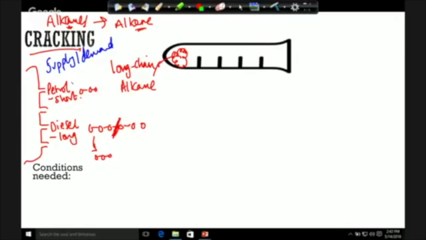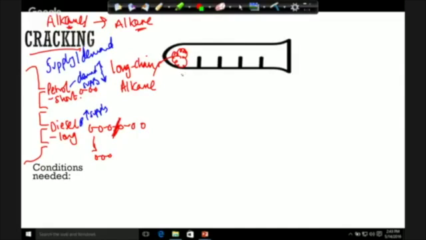For example, if your demand for petrol was high, so the customers wanted petrol, but your supply was low, you might then be able to crack some diesel if this was in high supply. You could crack some diesel and make petrol out of it for your consumers. Okay, so this is the cracking process, taking a long chain alkane and making an alkene.